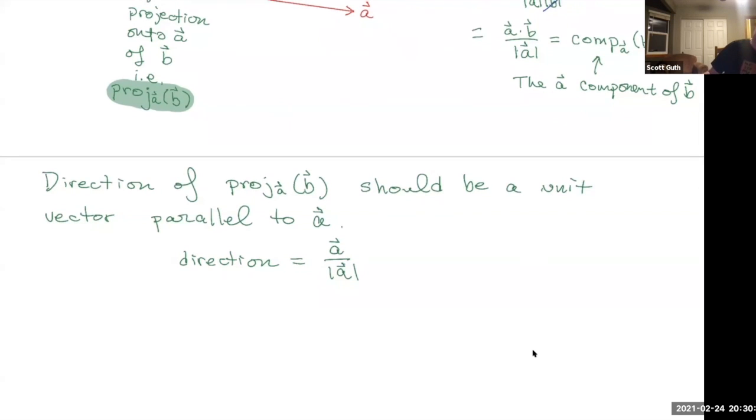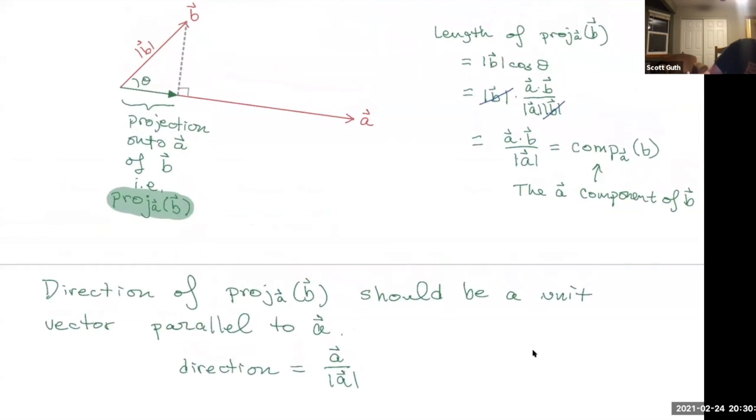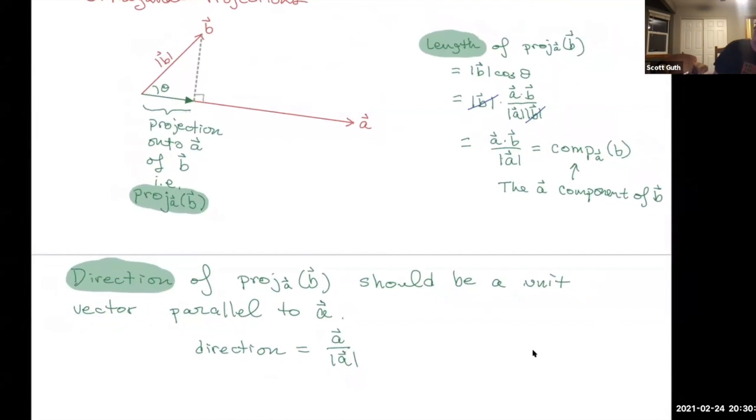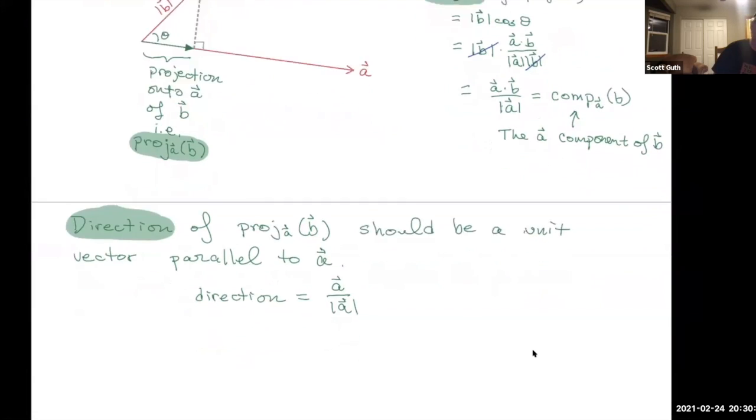Okay, so I've got the length of the projection up here, and I have the direction of the projection. And vectors are length and direction, so I need to combine those, and I would just multiply them.